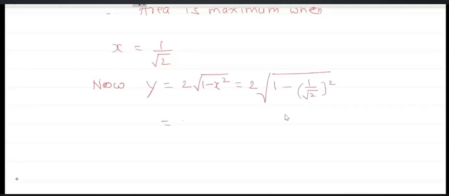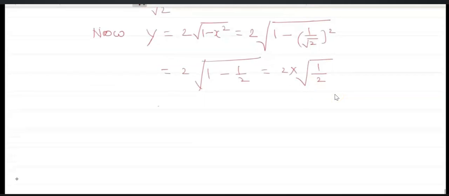y is equal to 2 into the root of (1 − x²), that is equal to 2 into the root of (1 − (1/√2)²). If we simplify this, that is 2 into the root of 1/2, that is 2/√2, which is equal to √2.